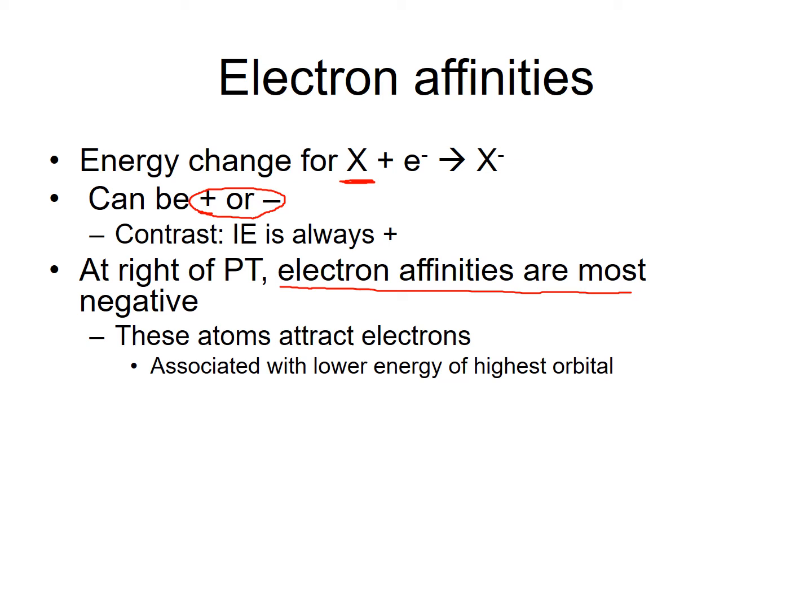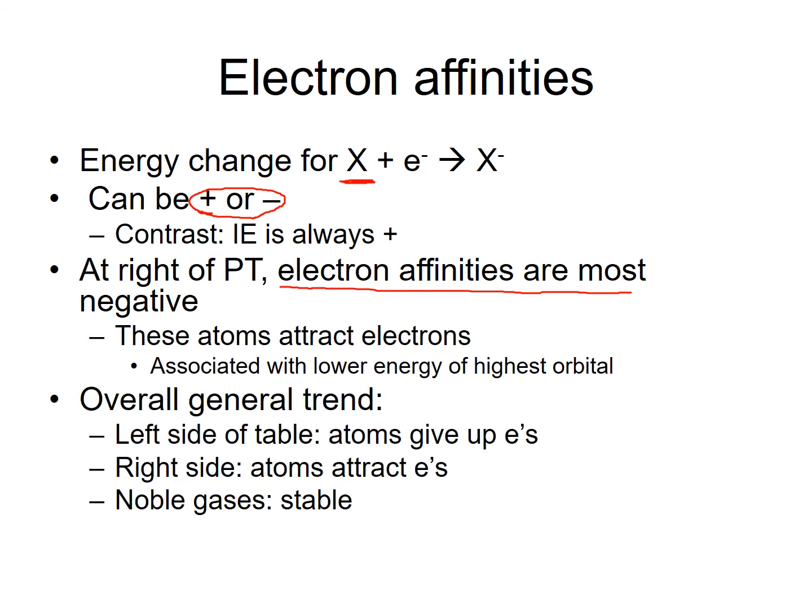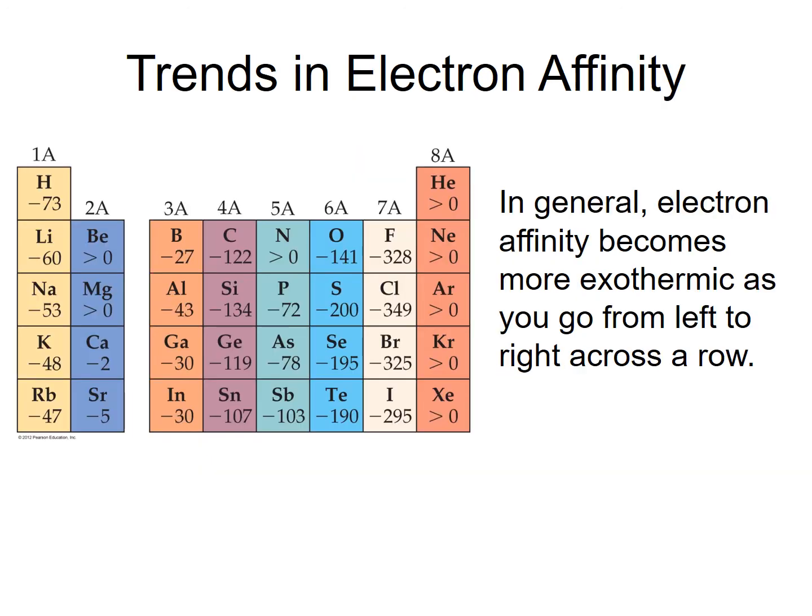That's simply associated, again, with the energy of the highest orbital, which is lower on the right-hand side of the periodic table. Again, look at the graph I introduced earlier, showing the orbital energies as a function of atomic number. So on the left-hand side of the table, atoms tend to give up electrons.